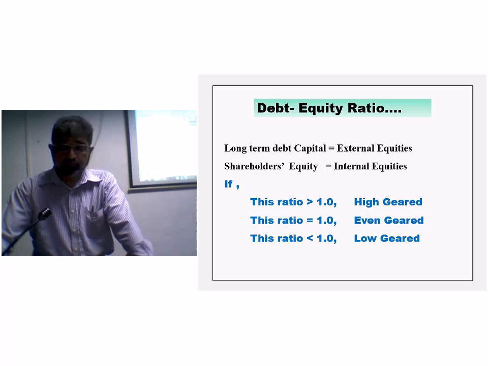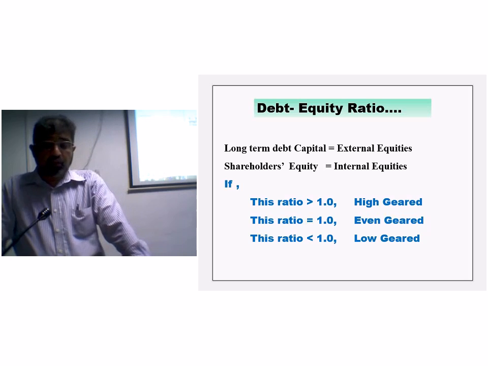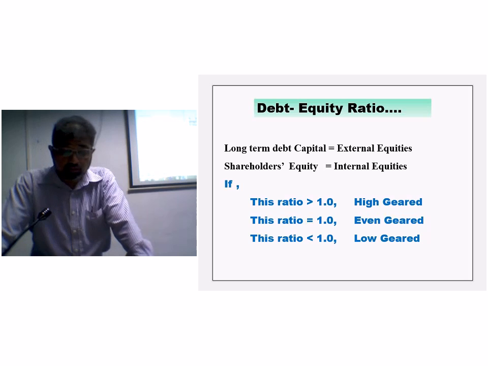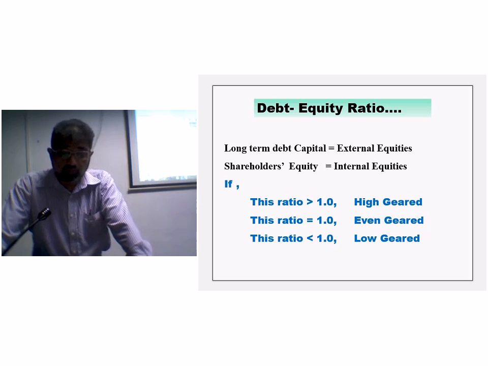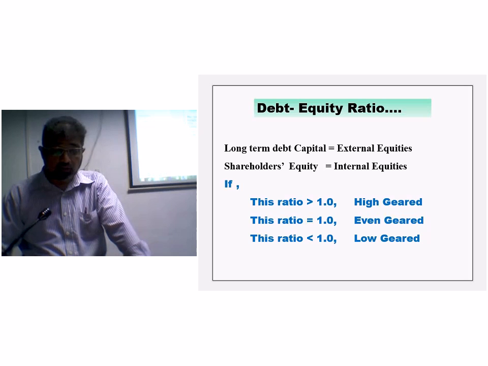Another ratio here is the proprietary ratio, stakeholders' equity as a ratio of total tangible assets. This time we remove intangible assets and normally take the tangible assets only.